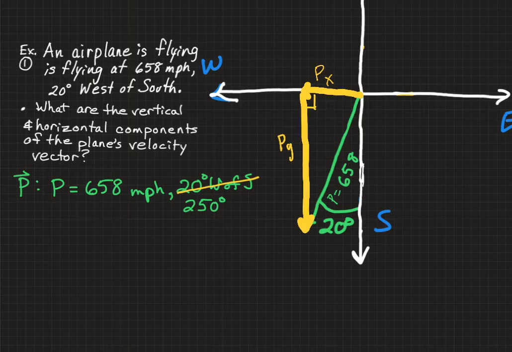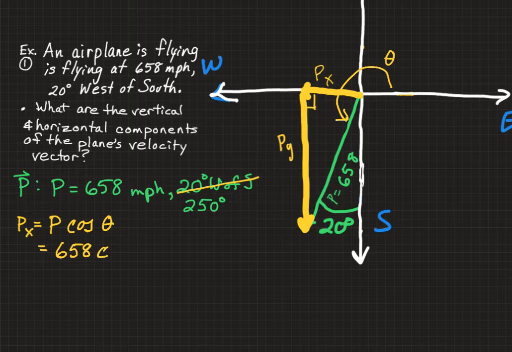All right, to find P sub x, we are going to multiply the magnitude of P by the cosine of the standard angle of P, the theta. So in this case, those numbers are 658 times the cosine of 250 degrees. And that will give us negative 225.949... Or, oh wait, how many significant digits do we have?